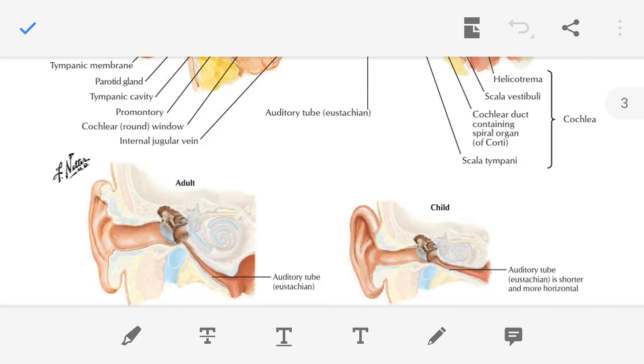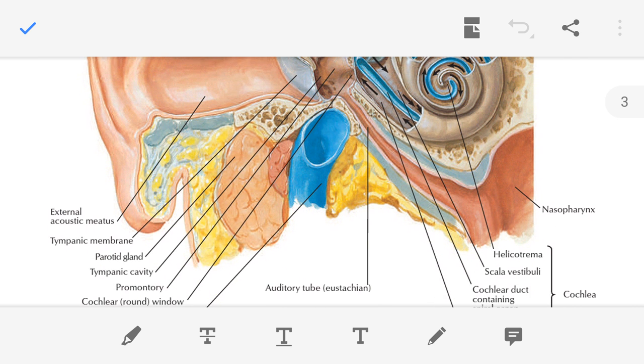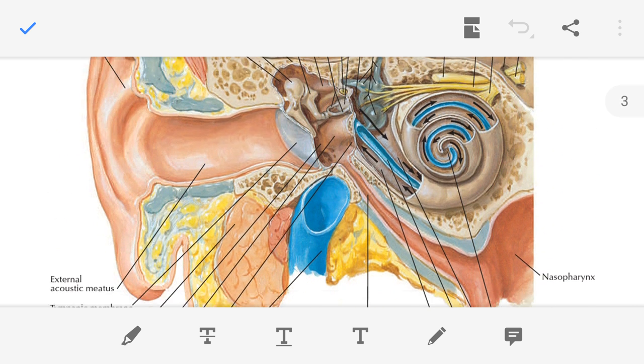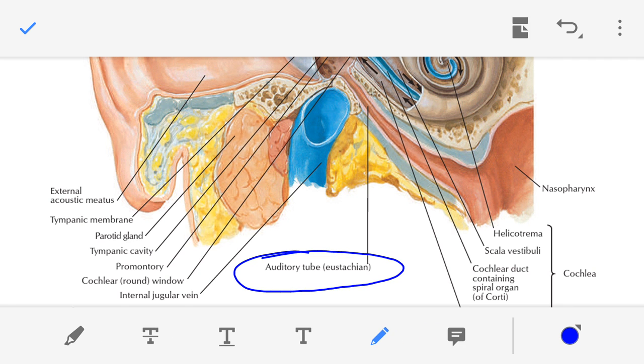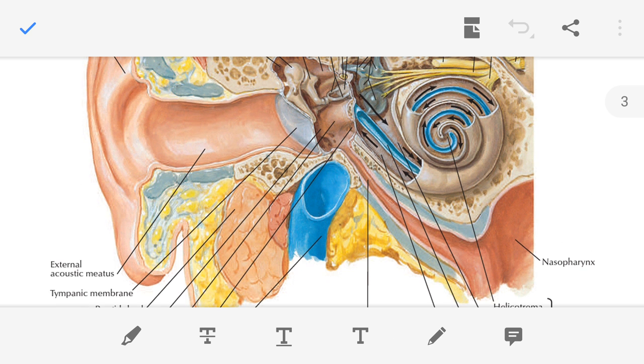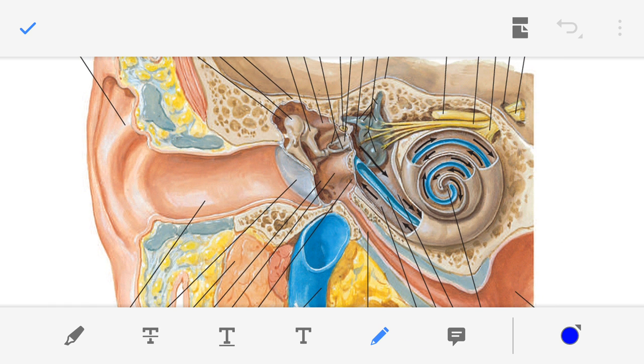See here, this is the auditory tube they are showing, and this is the middle ear.